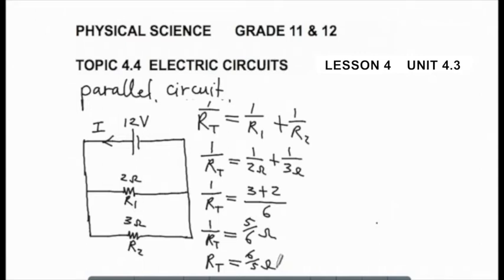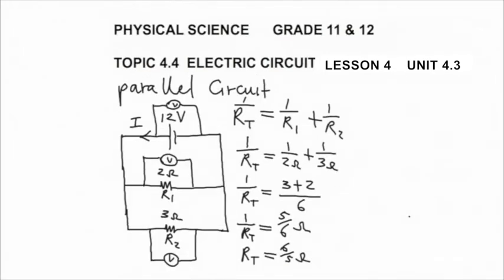And then this 6/5 is what we call the effective resistance, which is offered by those two resistors that are connected in parallel. So this is how we can find the effective resistance of two resistors. That's why in our formula, when we write RT, we are looking for the total resistance offered by those two resistors, 2 and 3 ohms.